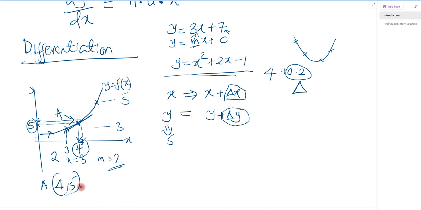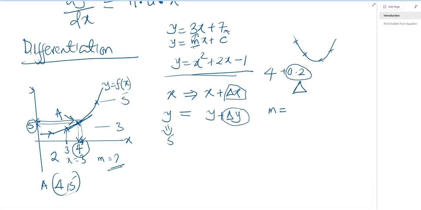Remember how we find the gradient for a linear equation. Sorry about that, it's supposed to be the other way around. Let me remove this.